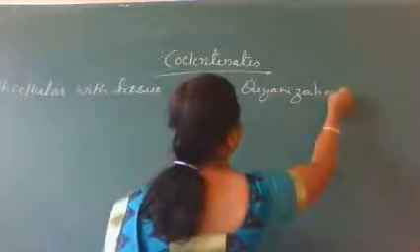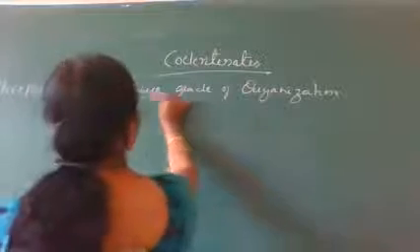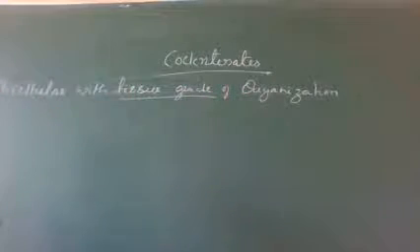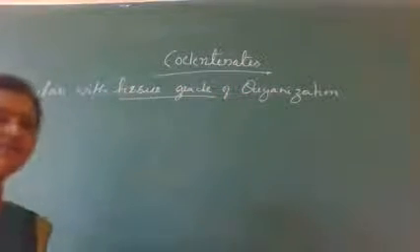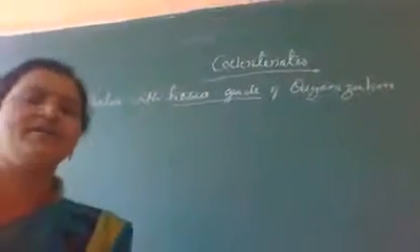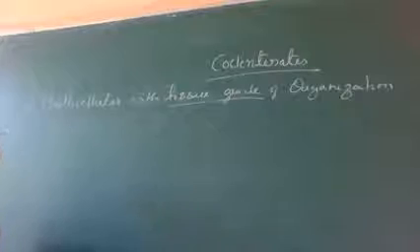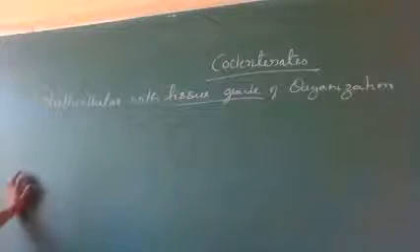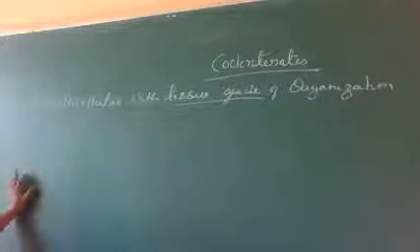So here we can observe what level of organization? The tissue level of organization. That clearly indicates that in these animals there is a formation of tissues to perform different functions of the body.